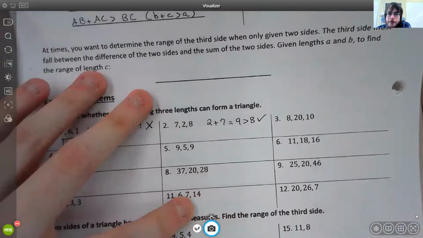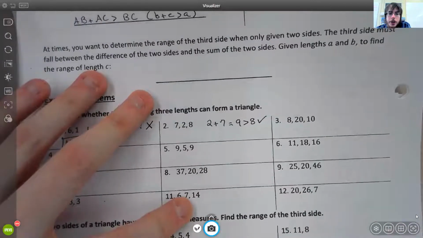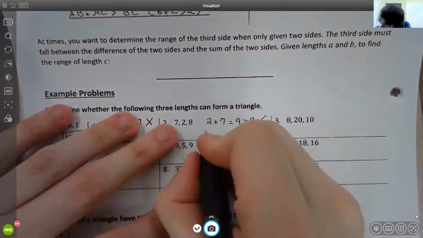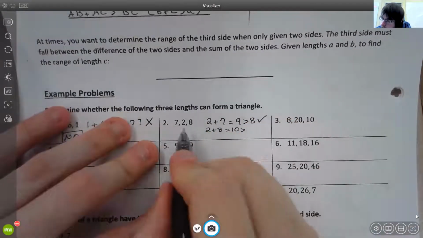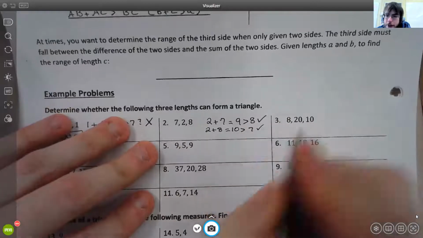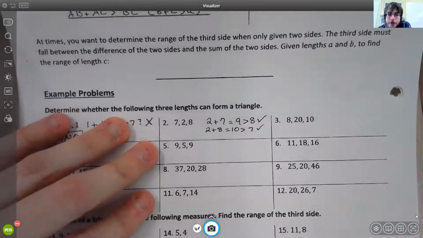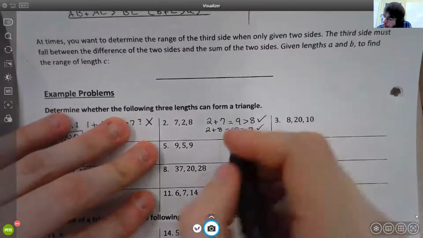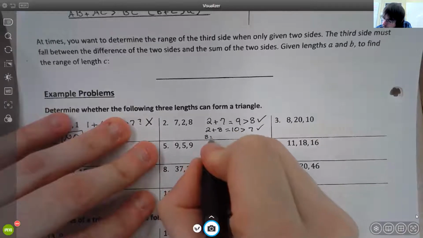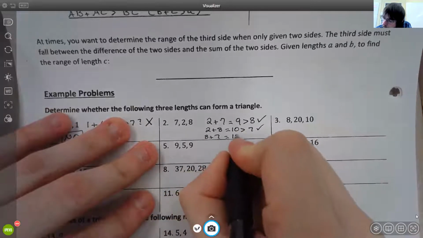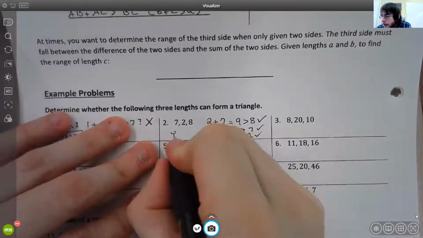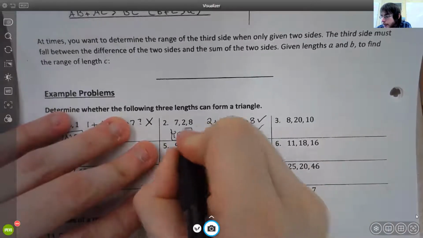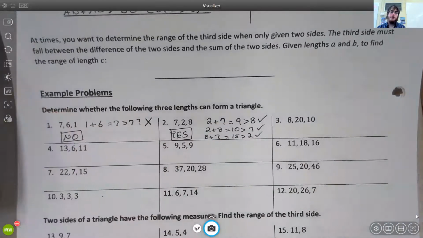So that one's good. All right, now I'm going to use 2 and 8. So 2 plus 8 is equal to 10. Is that greater than the other side of 7? Yes. And we'll take 8 plus 7, that's 15, and obviously that is greater than 2. So yes, this is a triangle.